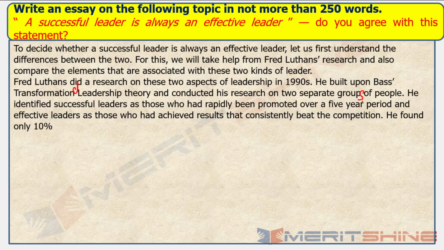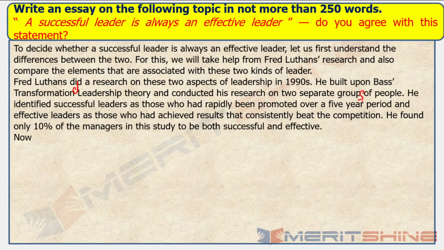He found only 10% of the managers in this study to be both successful and effective. I've just stated whatever I had taught you, the concept of successful and effective leadership. Not verbatim, but I have organized it in a way and stated it. You could have done that too.